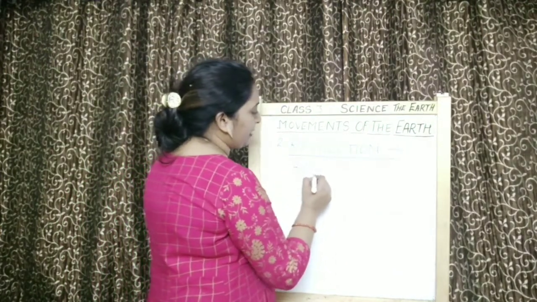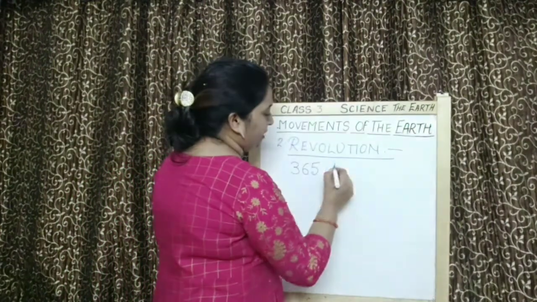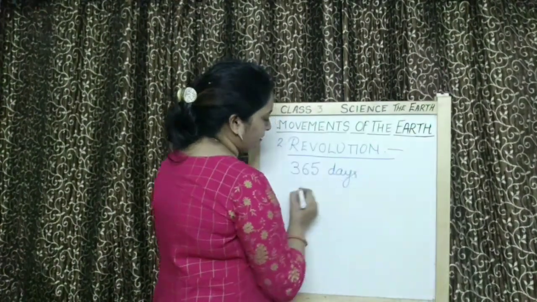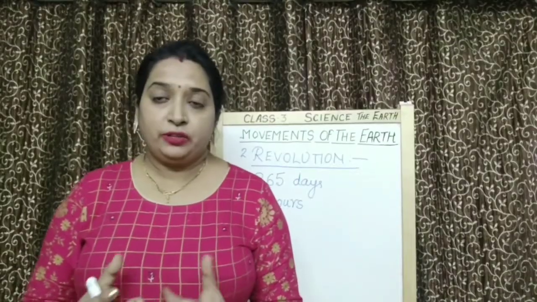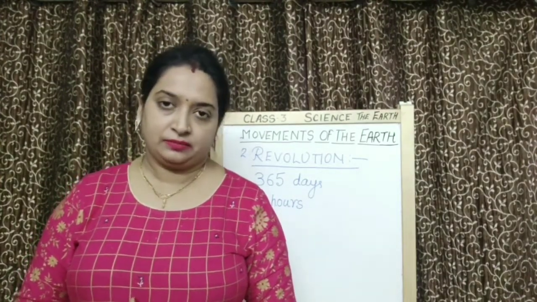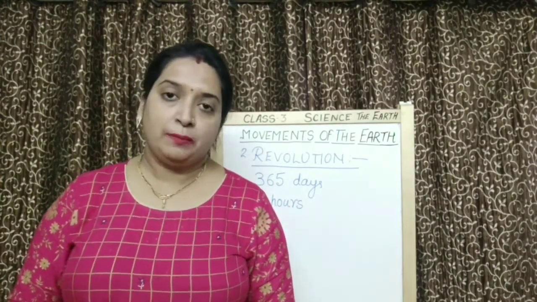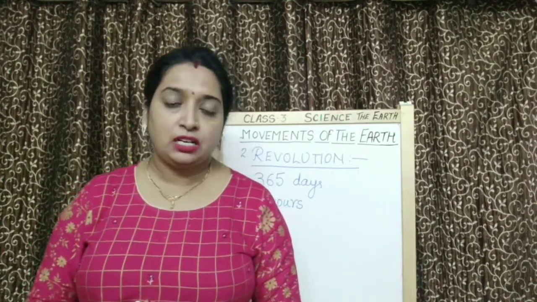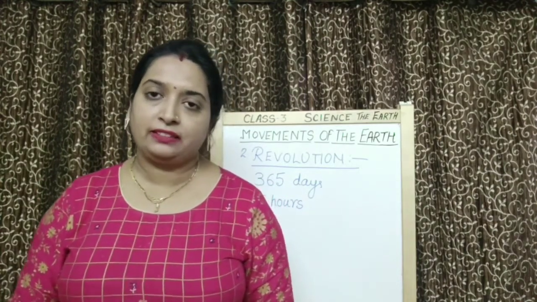How much time does earth take? 365 days and 6 hours. As you know, 365 days make 1 year. So to complete one revolution around the sun, earth takes 1 year.